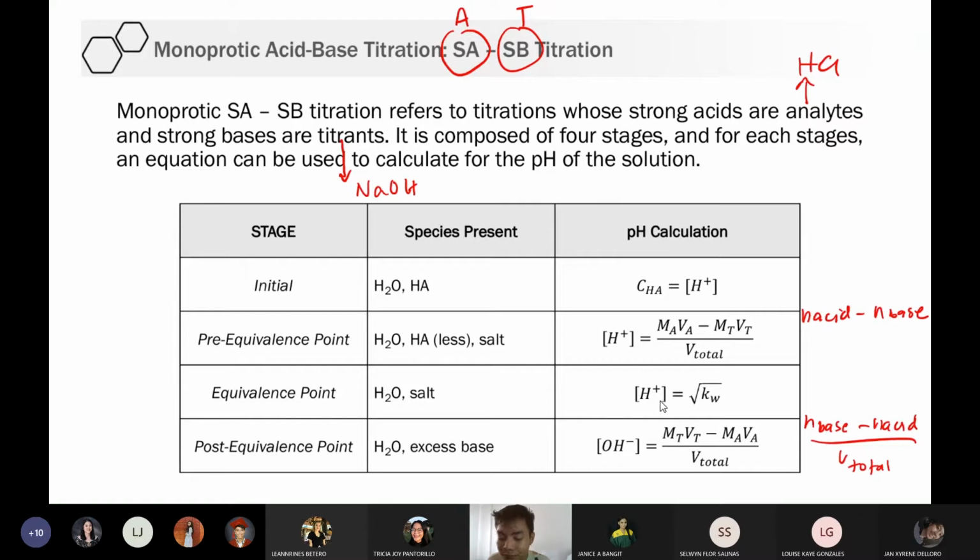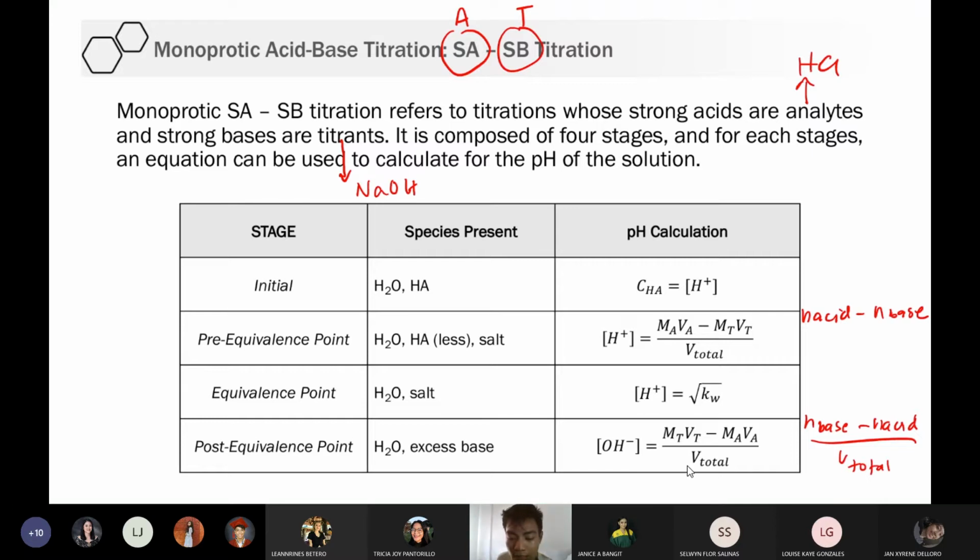Ayan, kaya ganyan. And pag lumagpas ka, nagdagdag ka pa ng sobrang titrant, you will reach the post-equivalence point. May water ka and excess OH. So, sino na magko-contribute ng H? Sino na magko-contribute sa pH? Yung excess base. So, to calculate for the excess base, that is the mole of base minus mole acid divided by the total volume. Okay?